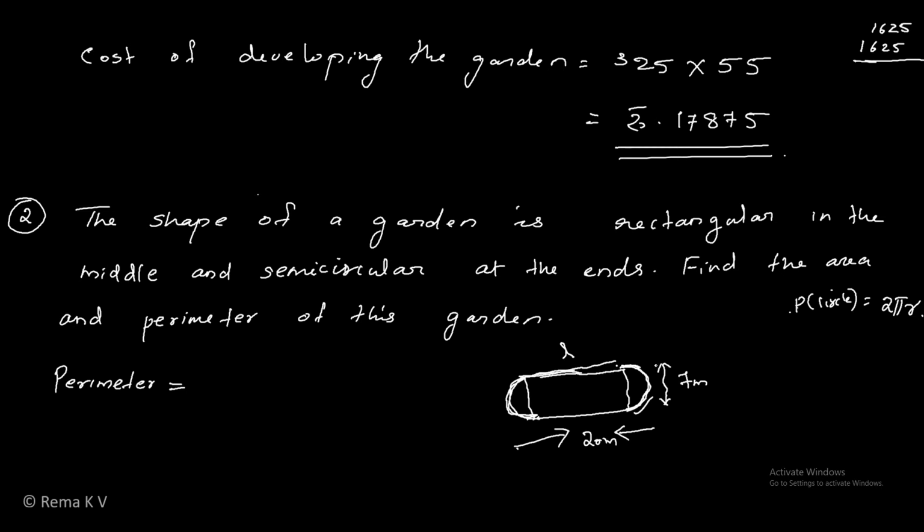It will be equal to pi r. So this part will be pi r. Again this length is equal to L, and this part is equal to pi r. Is it clear?